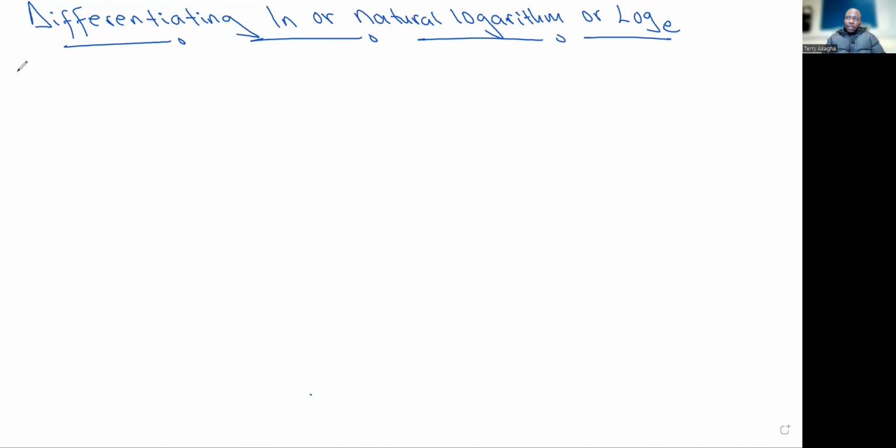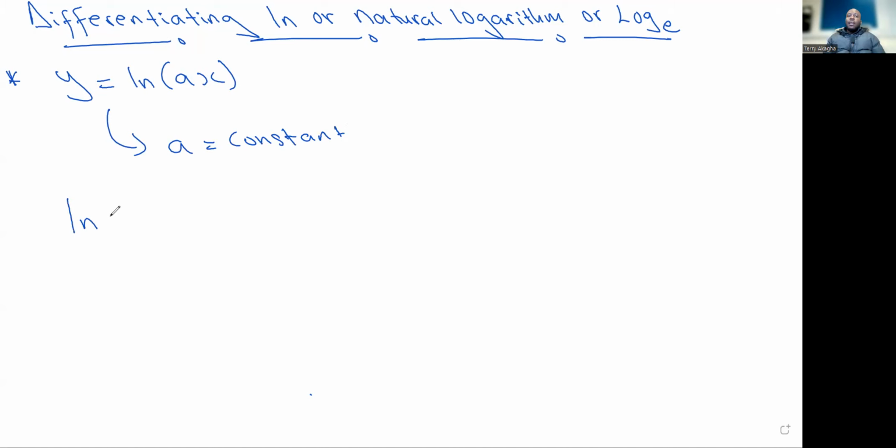So for instance, if you have y is equal to ln ax, and you are told to differentiate, where a is a constant. And you also know that ln x is the same thing as saying log to base e of x, or the same thing as the natural logarithm of x.